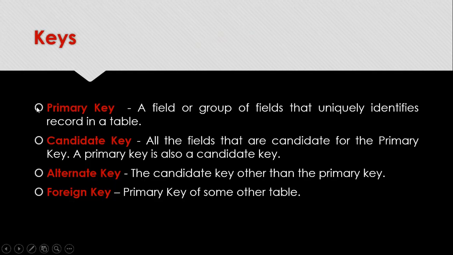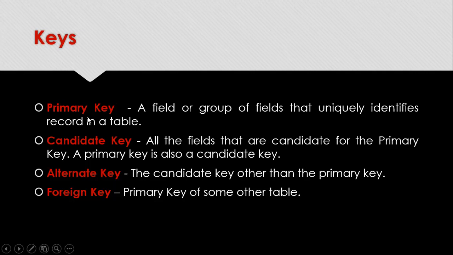In a particular table, all those columns that satisfy the criteria of a primary key are considered candidate keys. So the primary key is also a candidate key. From these candidate keys, the most suitable key is taken as the primary key.